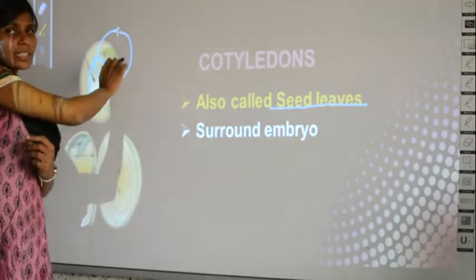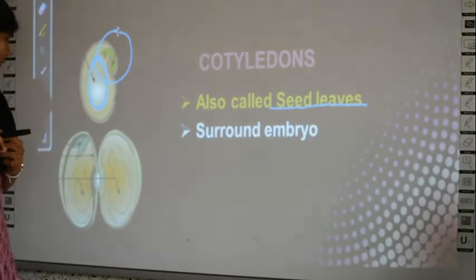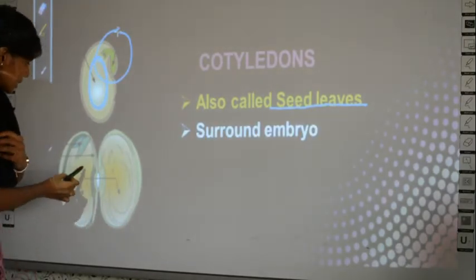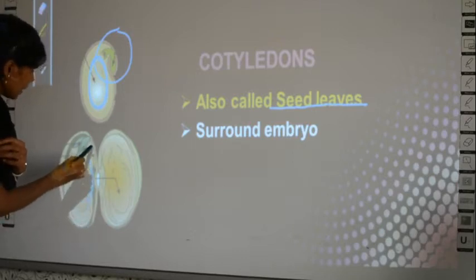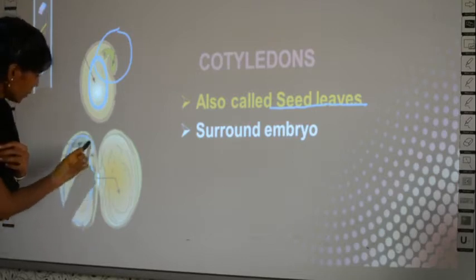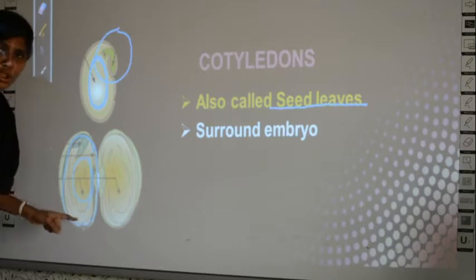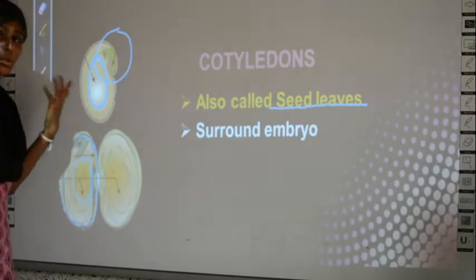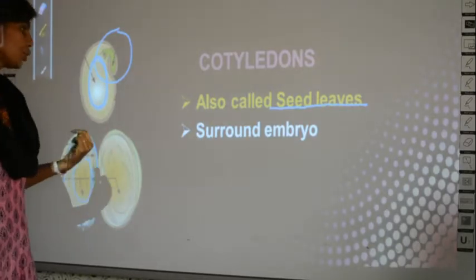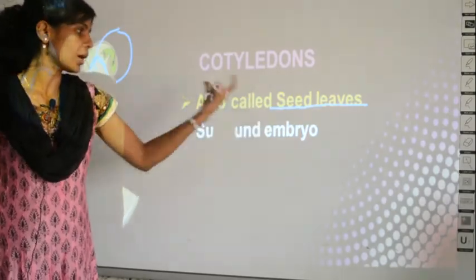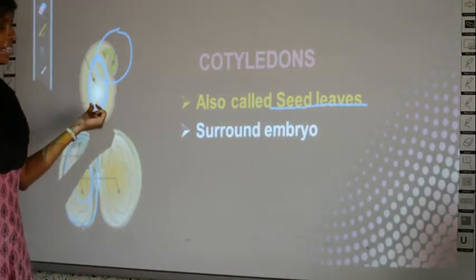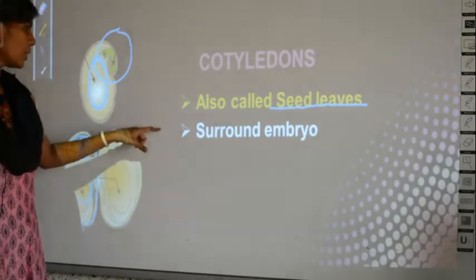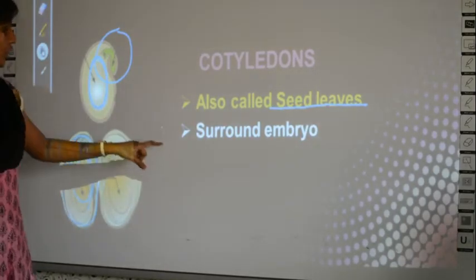In dicots you can see clearly that the cotyledon is completely surrounded by the embryo region. This green color portion is the embryo region which is going to develop into a root or a shoot.